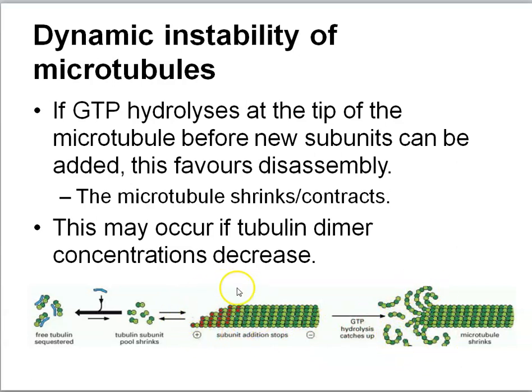So as long as heterodimers are added in and the GTP doesn't immediately get hydrolyzed to GDP, we can keep adding more and we can extend that microtubule. Whereas if GTP hydrolysis occurs, then this tends to cause destabilization of the microtubule. So in this way the microtubules are incredibly dynamic, they can be extended and they can be disassembled very quickly.